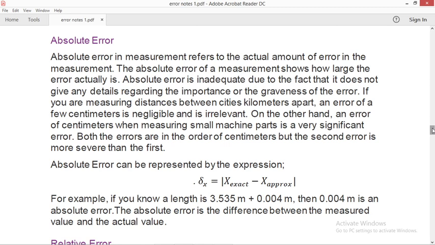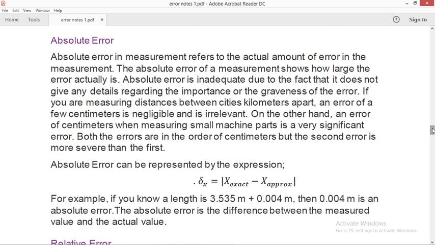Now, as they are saying, absolute error can tell you the value, but cannot tell how important it is. So they gave you an example where if you are considering large measurements, say in kilometers, at that time an error of a centimeter won't make a difference to you.